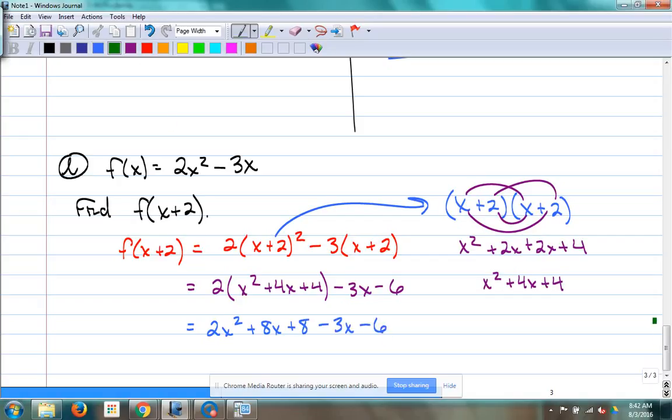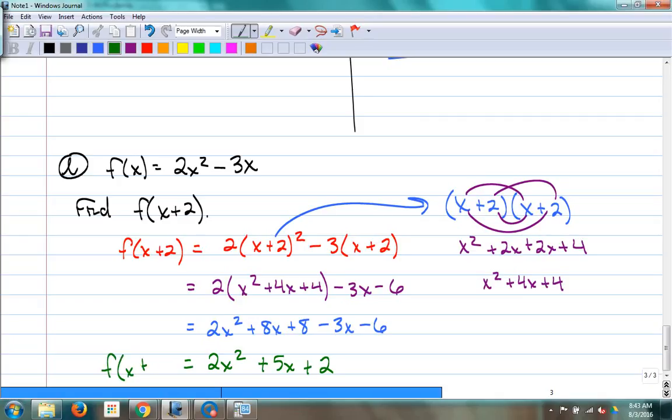And now what do I put together? Like terms. So 2x squared doesn't have anything like it. But I got an 8x and a minus 3x, so that'd be 5x. And then I have 8 and a negative 6, that'd be 2. And there's my f of x plus 2.